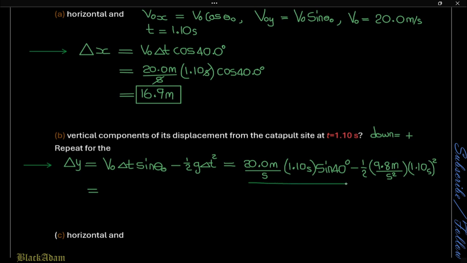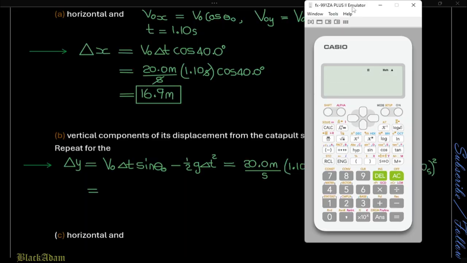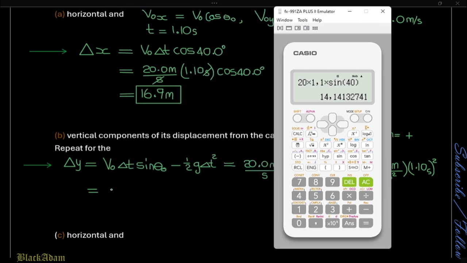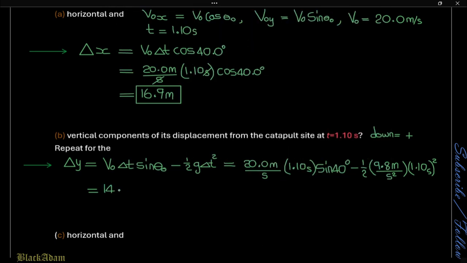Simplifying once again, we have two terms. The first term is 20 times 1.10 times sine 40 degrees, which gives us 14.133. We don't round off before the final answer.